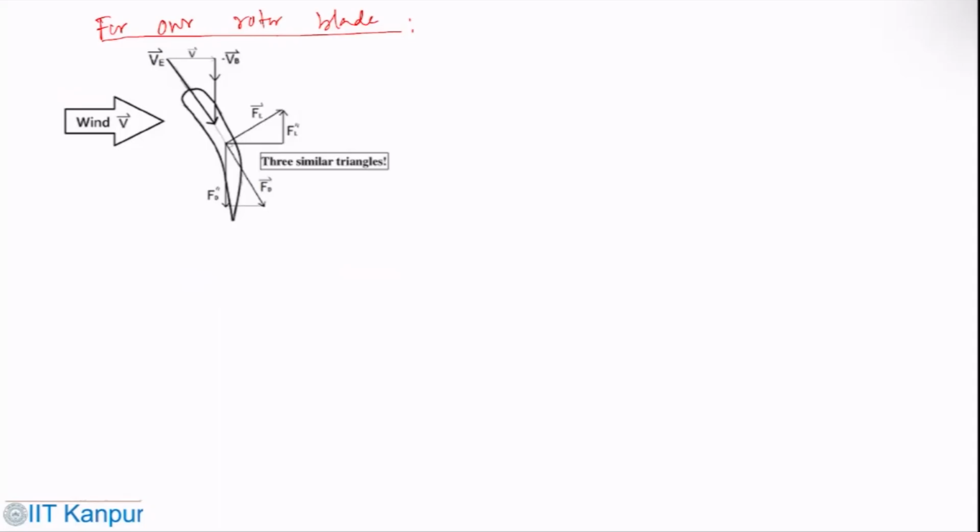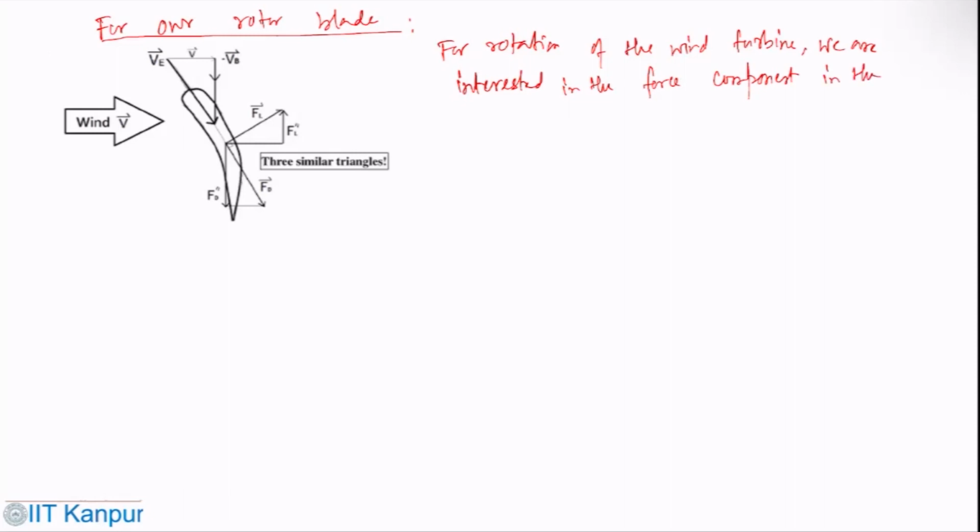For rotation of the wind turbine, we are interested in the force component in the direction of motion of the wing, which is parallel, as its product with VB is the mechanical power production.